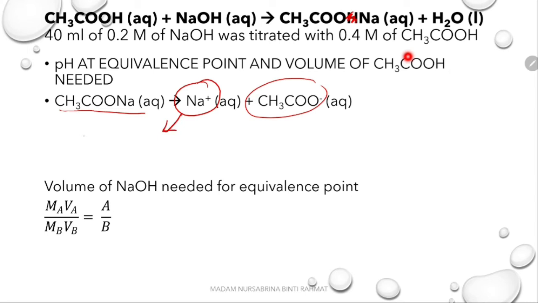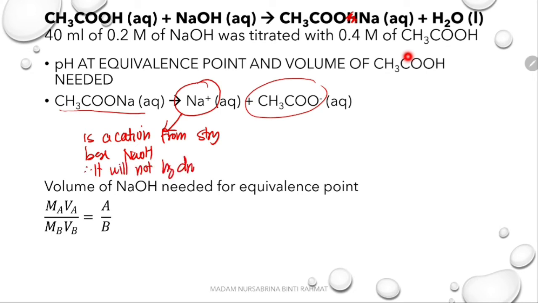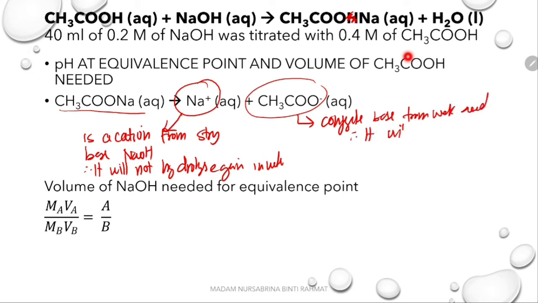So Na plus is a cation from the strong base NaOH, so it will not hydrolyze again in water. Whereas this ethanoate is a conjugate base from a weak acid, so it will hydrolyze again in water.